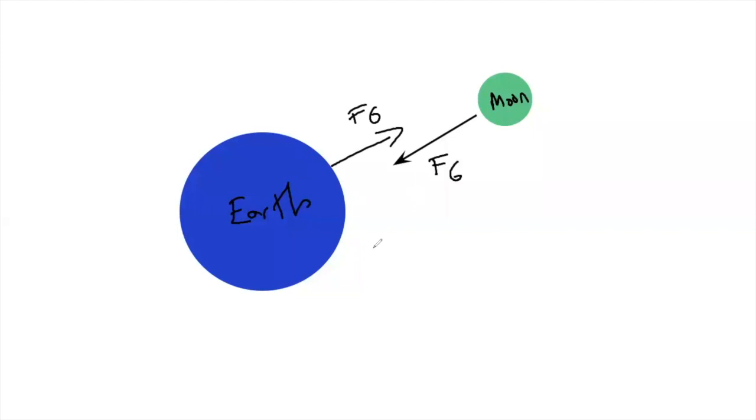What if both of them have a force acting towards each other? Why is it that moon is rotating around the earth? Why isn't the earth rotating around the moon? Both of them have the same force acting towards each other. So my question for you is, why is it that moon is the one to rotate?